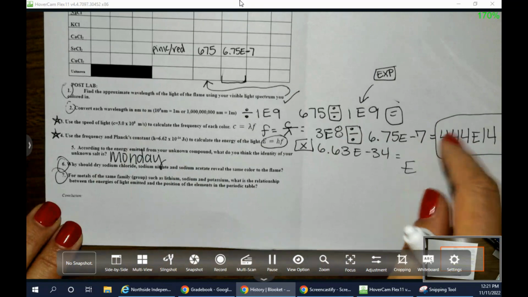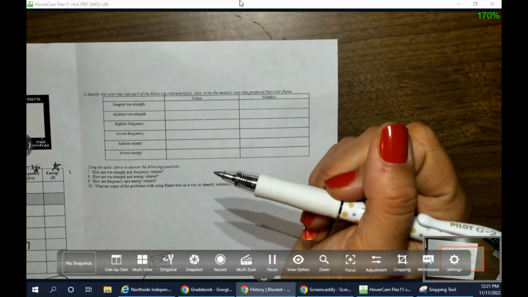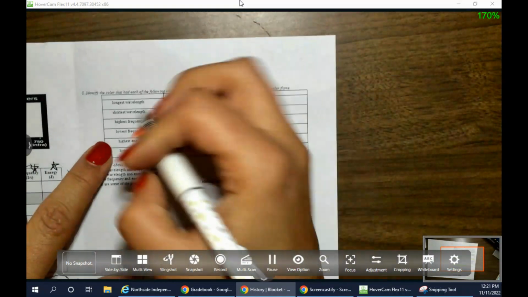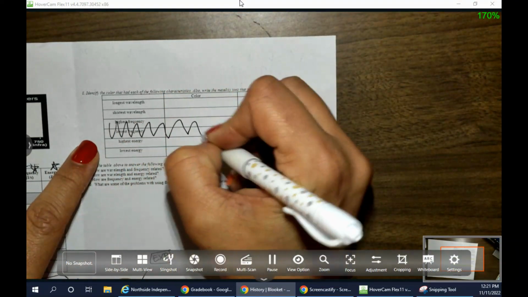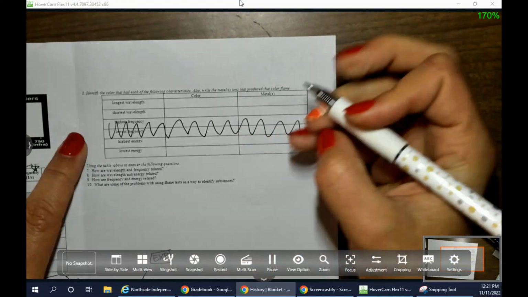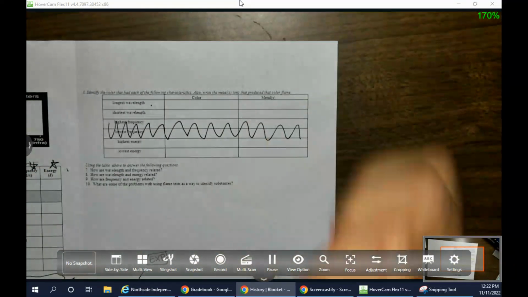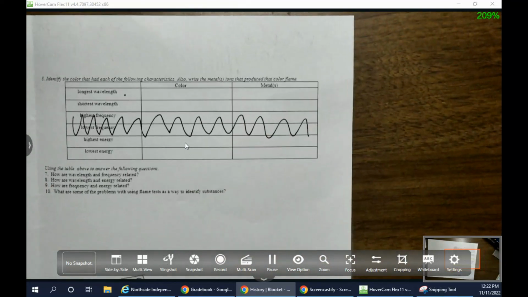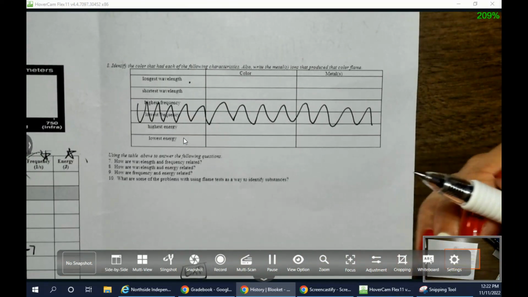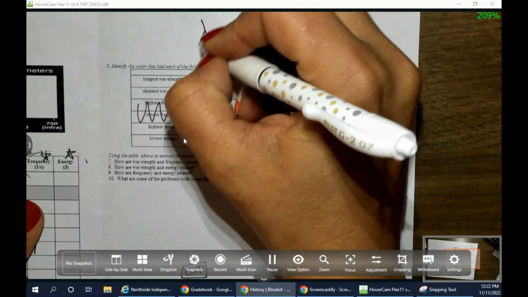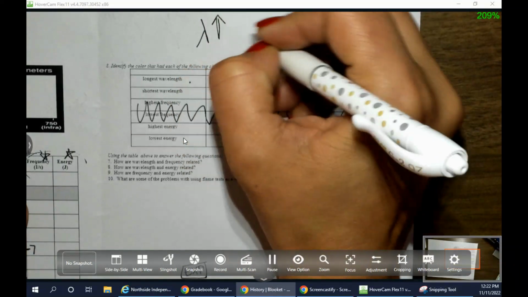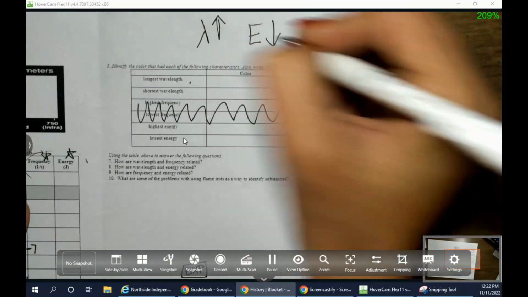Then on the other side, up here, I want you guys to cross out your high frequency, low frequency things, because you should be able to relate wavelength to energy. What did we say they are? Directly or indirectly? Indirectly. So as wavelength goes up, energy goes down.